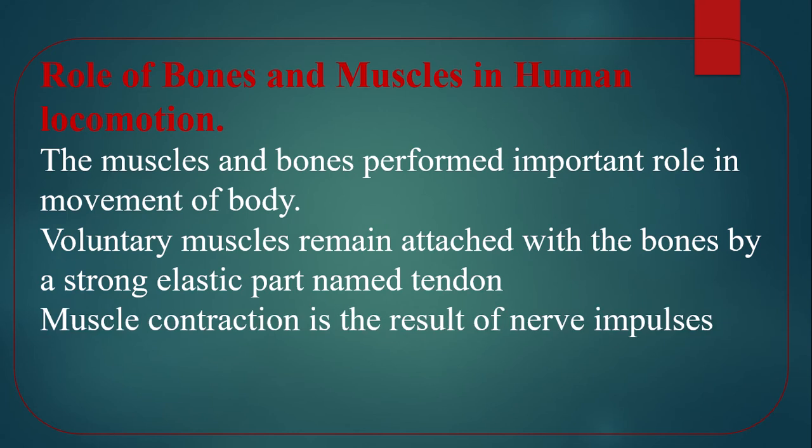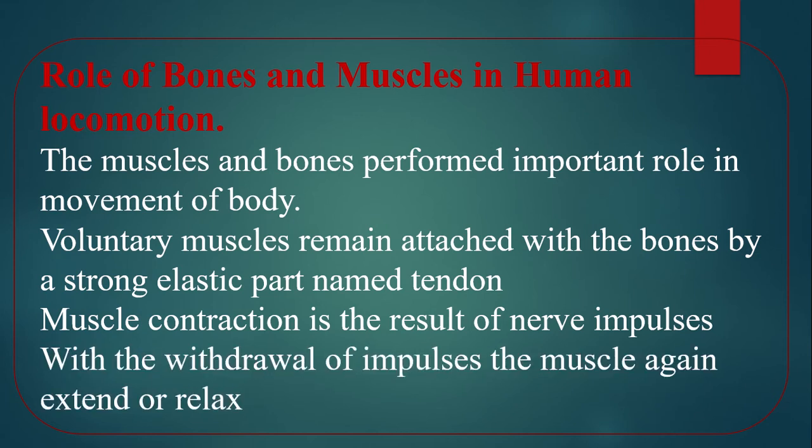Muscle contraction is the result of nerve impulse, and the movement is the result of muscle contraction, and locomotion is the result of movement. With the withdrawal of impulses, the muscle again extends and relaxes.